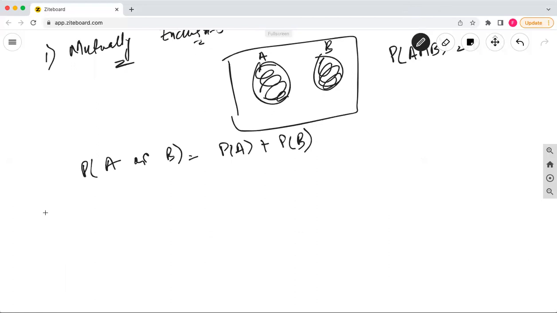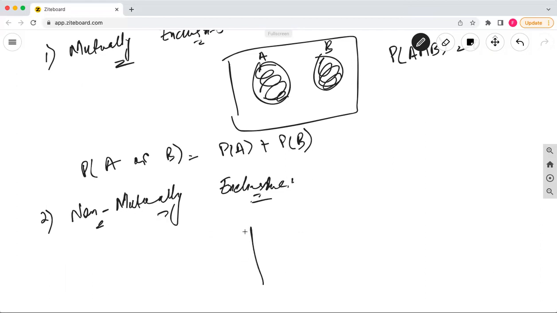that means in this scenario, there must be some sort of overlap between them.